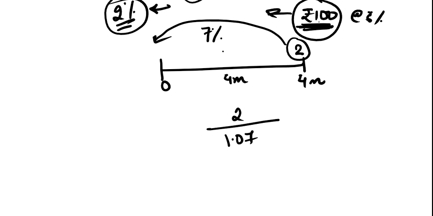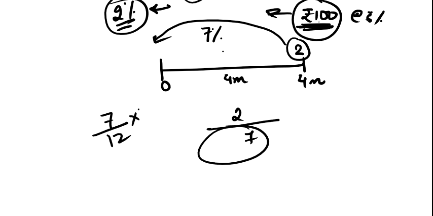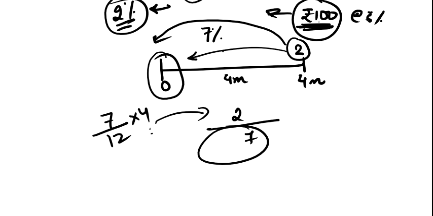Is it correct? No, it's not correct. Why? Because the 7% is for the whole year. So first of all, you will take the per month value and then multiply it by 4. So that percentage will come for the period of 4 months, and then you will use it to discount the 2. So you will get the discounted money of 2 now. Clear? So this is the whole idea about the FRA.